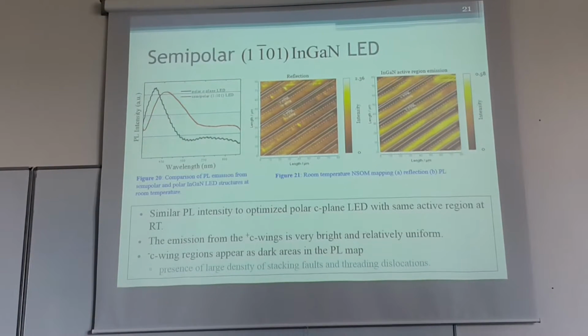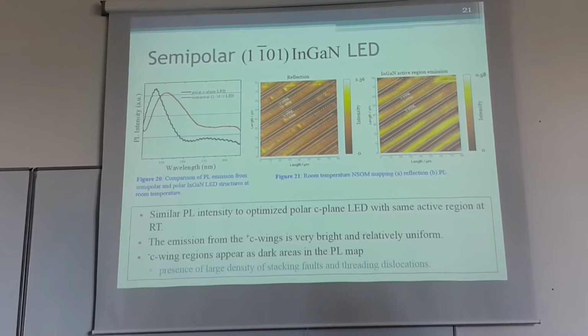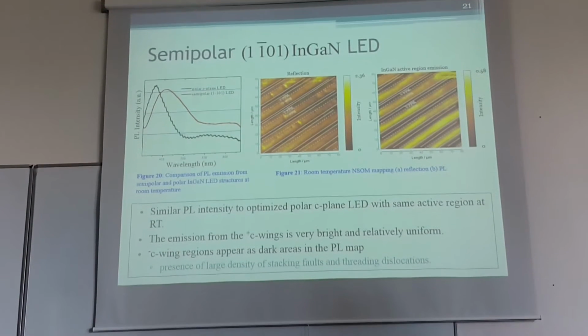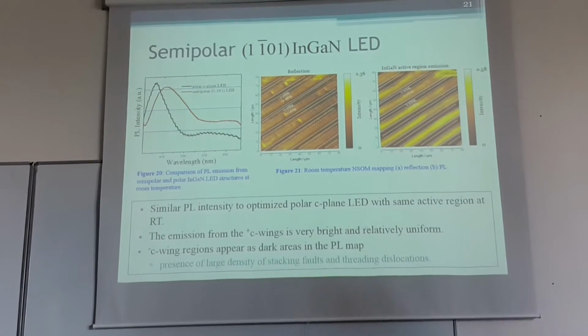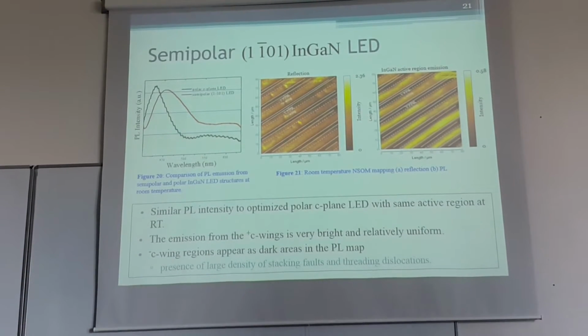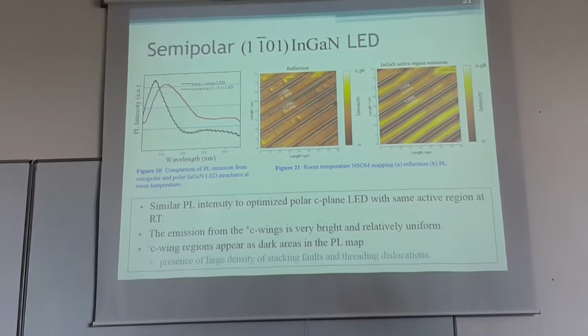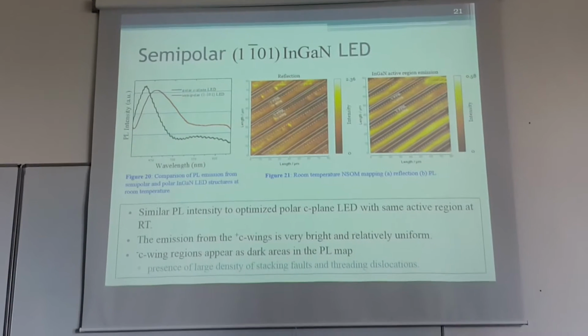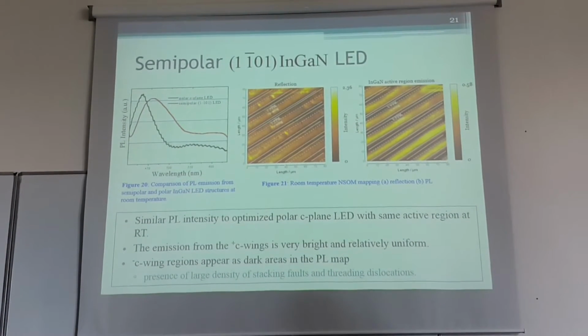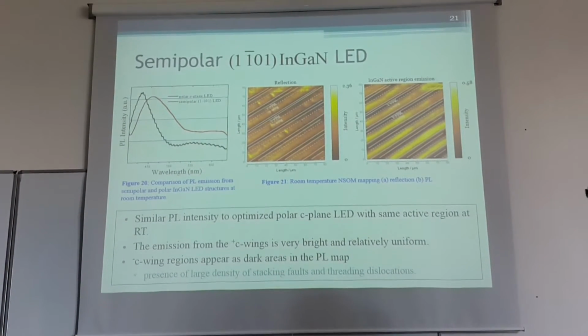We see that the semi-polar has a higher indium incorporation in the active region. However, the photoluminescence intensities are similar to each other. So this is very promising for using these structures in light emitting applications.